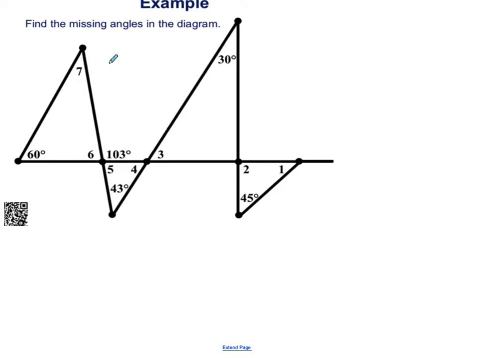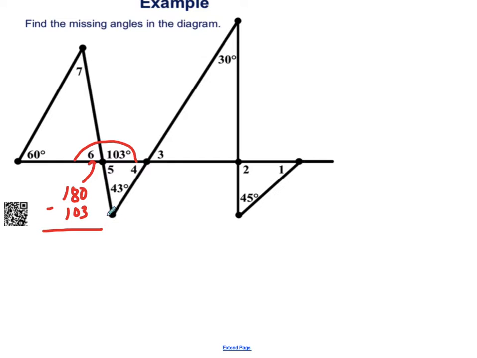I can either start where angle 7 is or angle 6 is. It doesn't matter where you start off, you'll still get the same exact answer. I'm going to choose angle 6 first. Angle 6 and 103 degrees are a linear pair, so to get angle 6, you have to subtract 180 minus 103.